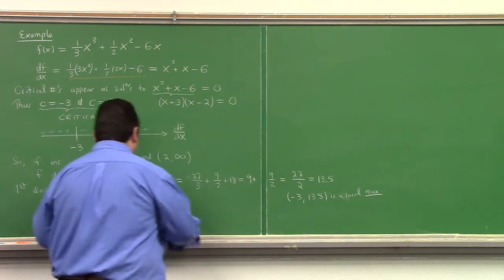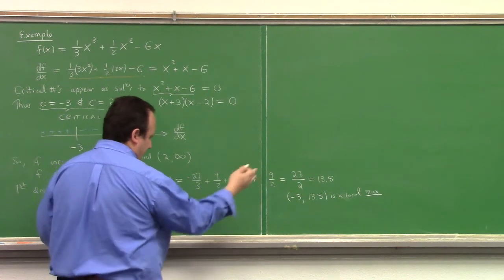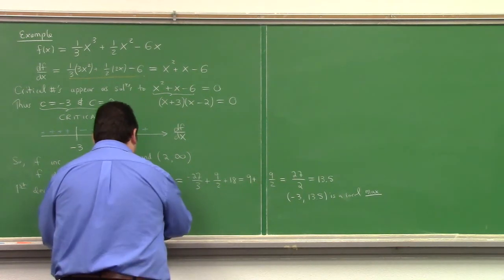Technically, 13.5 is the local max. That's the critical point.